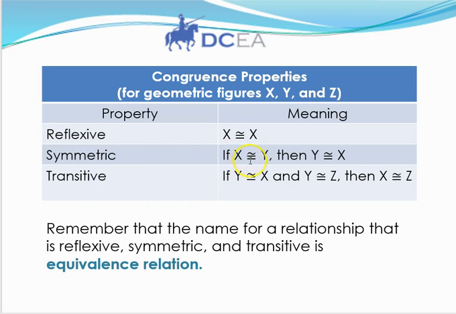Symmetric: if x is congruent to y, then y is congruent to x. And transitive: if x is congruent to y, and y is congruent to z, then x is congruent to z. Remember that the name for a relationship that is reflexive, symmetric, and transitive is equivalence relation.